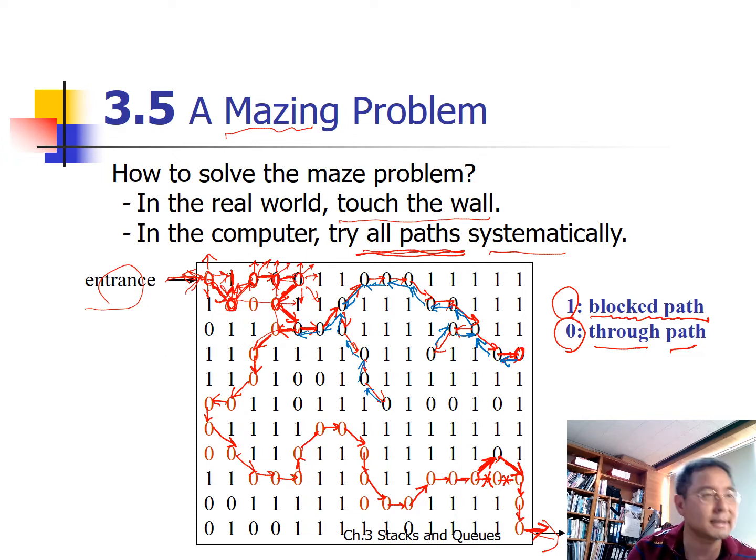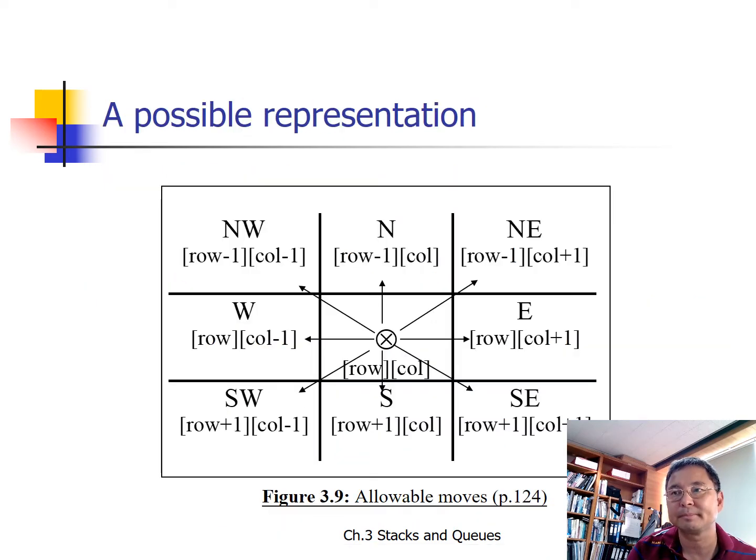We must search possible directions from the north, and then turn the directions. That is very systematic. So we can model that systematic searching in the next slide.